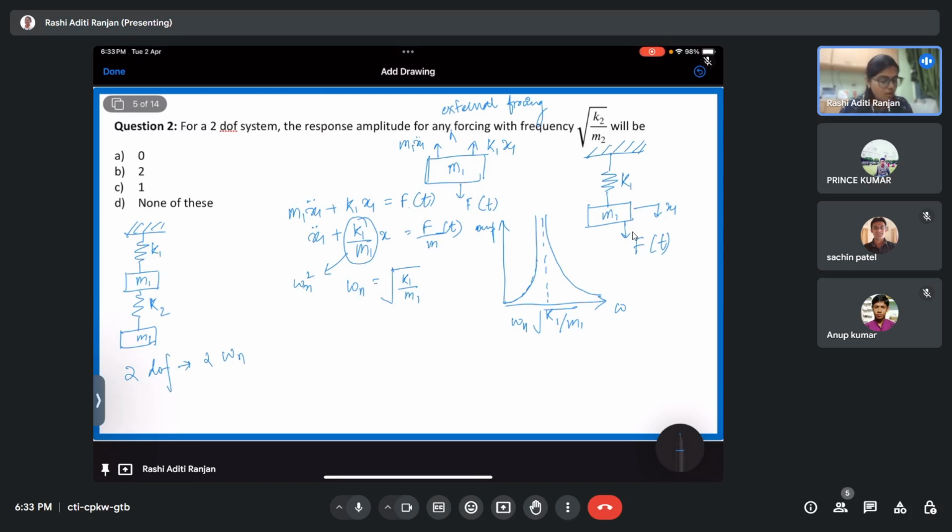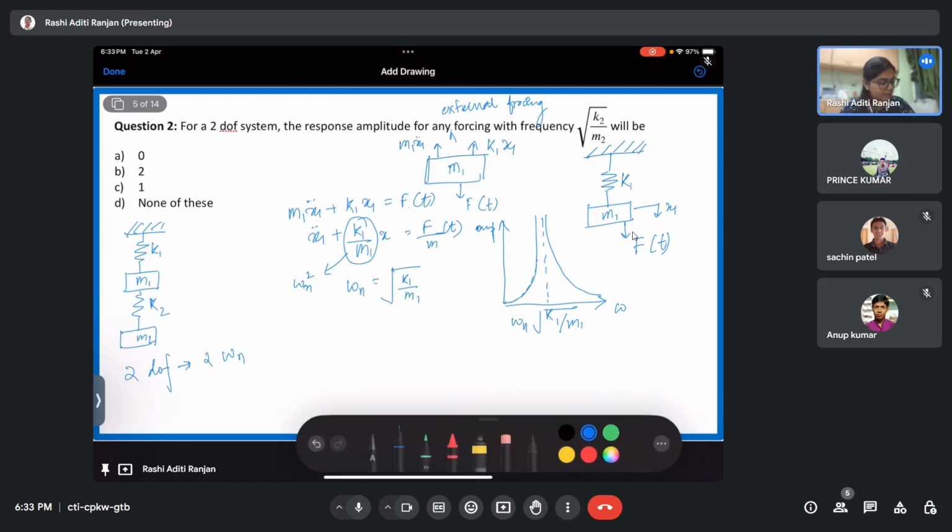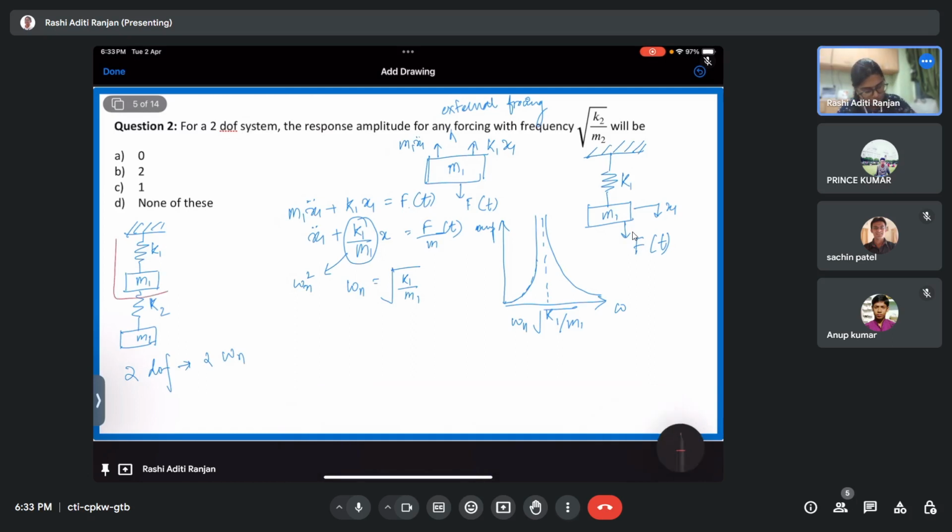So what would be those omega n? Can it be under root k1 by m1 and under root k2 by m2? Well, that is not the case. We say that this was my primary system, and this becomes my secondary system.